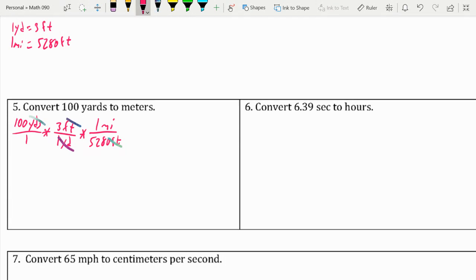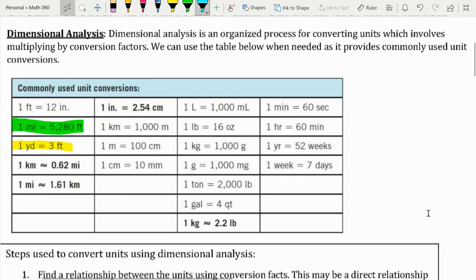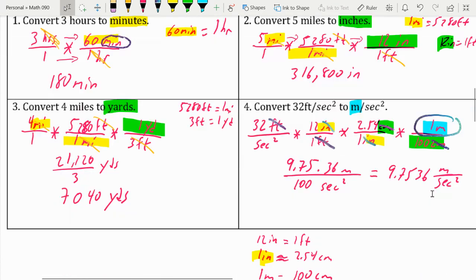So now I'm left in miles. Well, remember we said we can now go from... oops, sorry, wrong one. 1 mile. I don't want any decimal with the 0.62 miles. I want 1 mile.